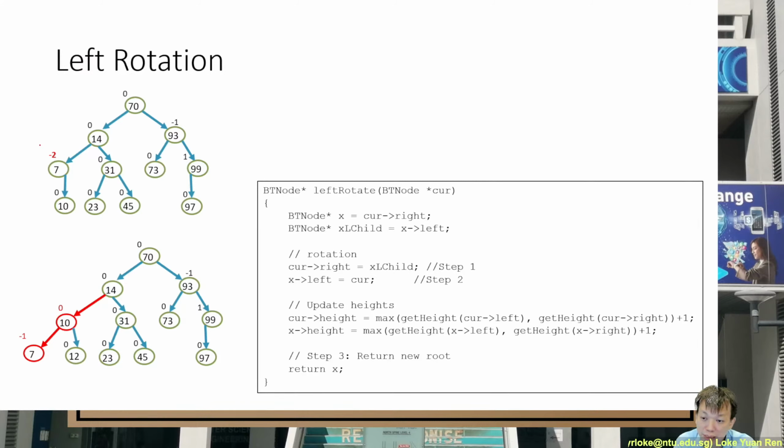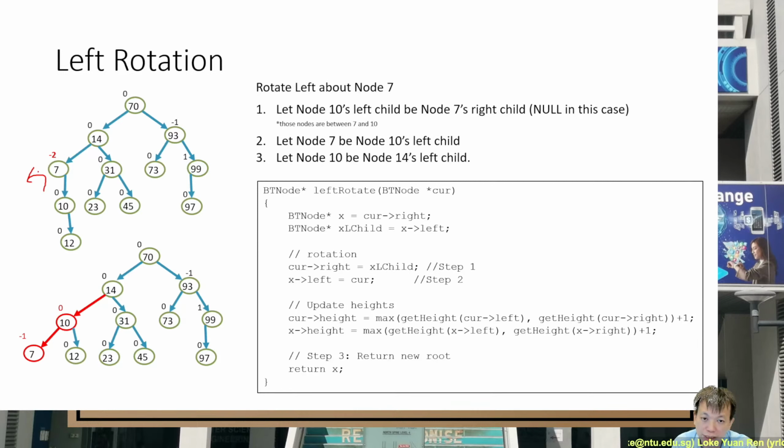So same thing. Now after you insert 12, you notice that it's the same thing as this left rotation. You definitely want to move something to the left side of node 7. So what you need to do is the left rotation. The idea is also the same. You will take all the nodes at the left subtree of node 10, the left child.